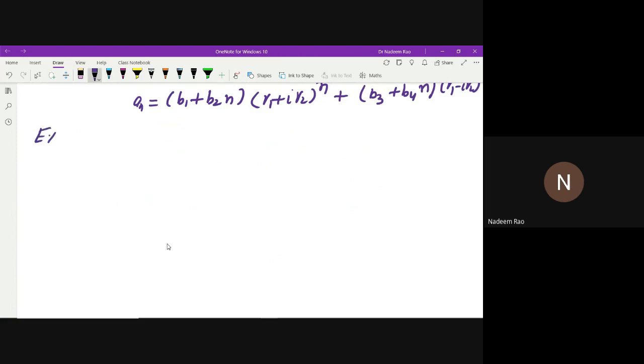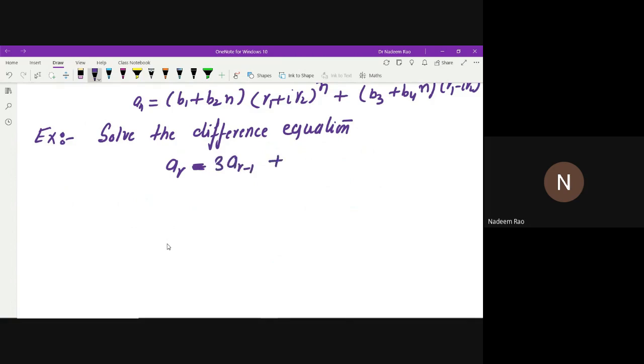For example, solve the differential equation a_r minus 3 a_(r-1) plus 2 a_(r-2) equals 0.